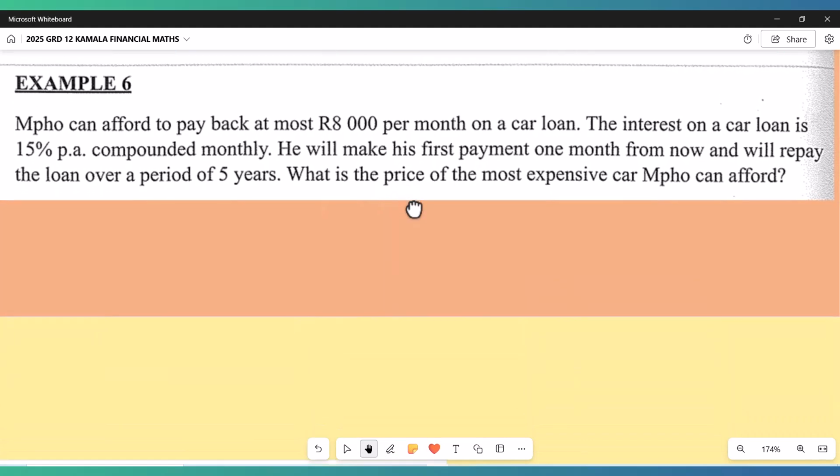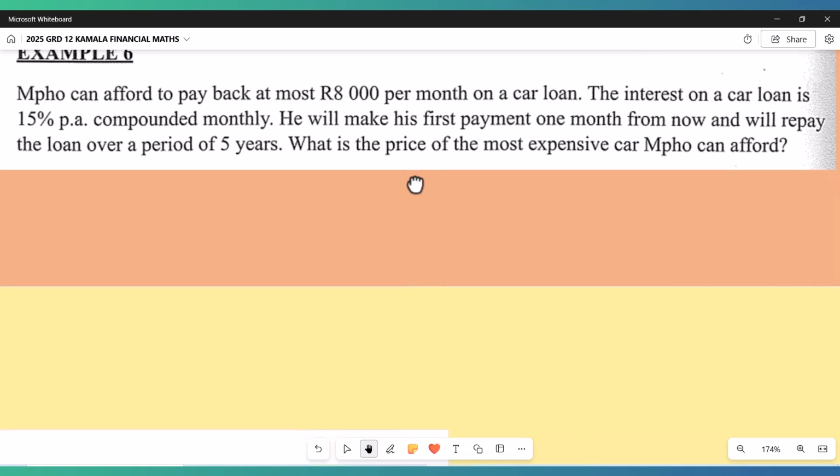The question says that Mpho can afford to pay back at most 8,000 per month. If they said per month, that is going to be a regular time interval. So Mpho can pay back 8,000 per month on a car loan.